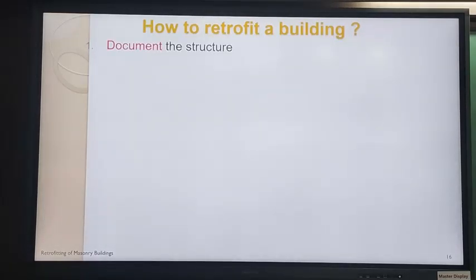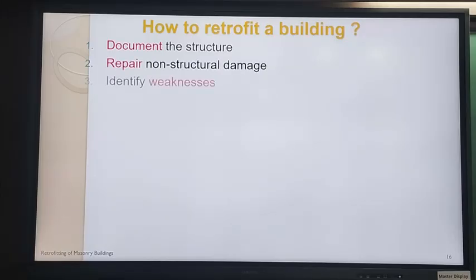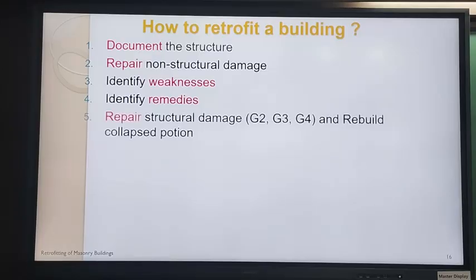All right, now how to retrofit a building? We document the structure, just like earlier for damage. We document the structure, repair non-structural damage, identify the weaknesses, identify remedies, repair the structural damage G2, G3, G4. Right? Remember that?